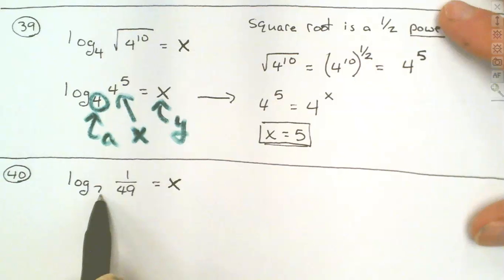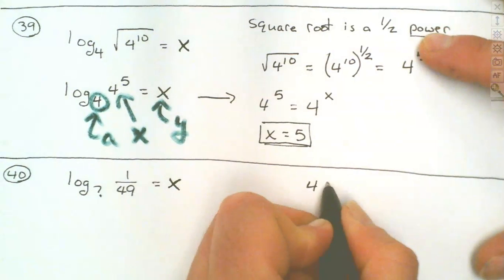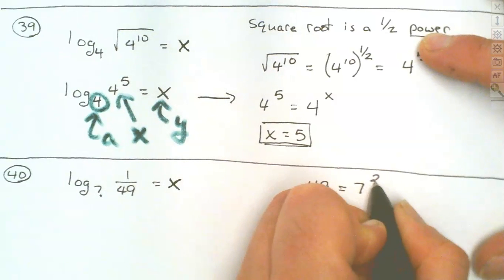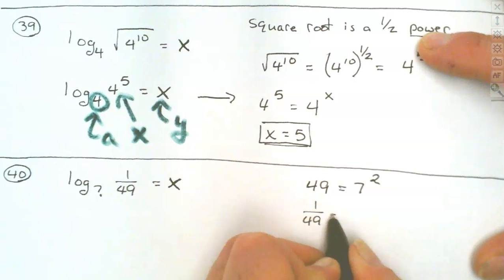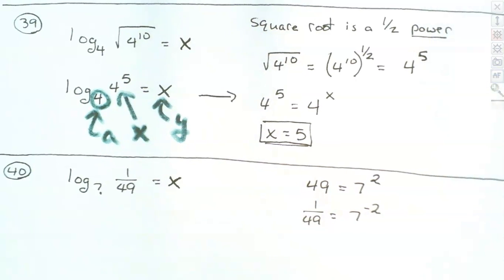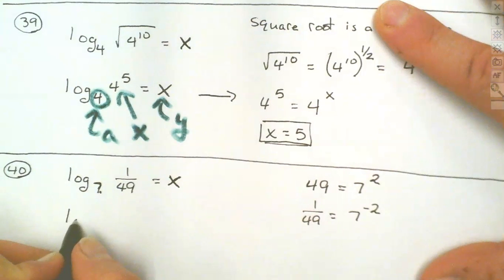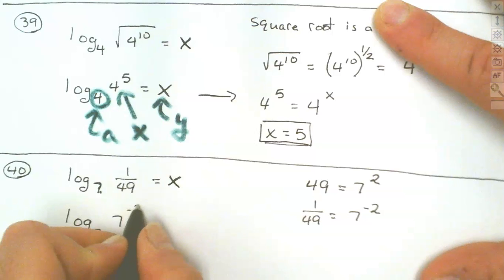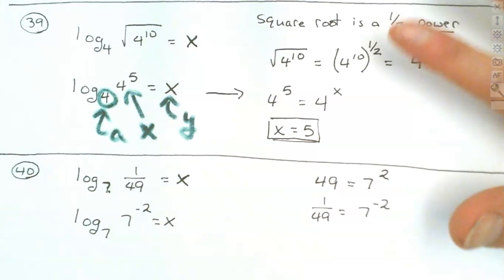This is a 7 down below in our base. So what do we know about 49? Well, we know that 49 is 7 squared. And that means that 1 over 49 is then what? 7, yep, to the negative second power. It's a fraction. So we can rewrite this now as the log base 7 of 7 to the negative second power. That equals x.